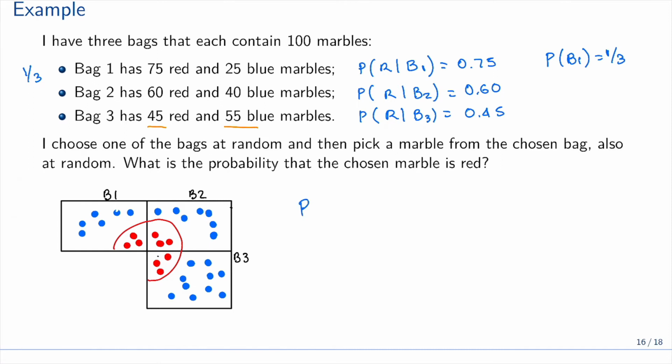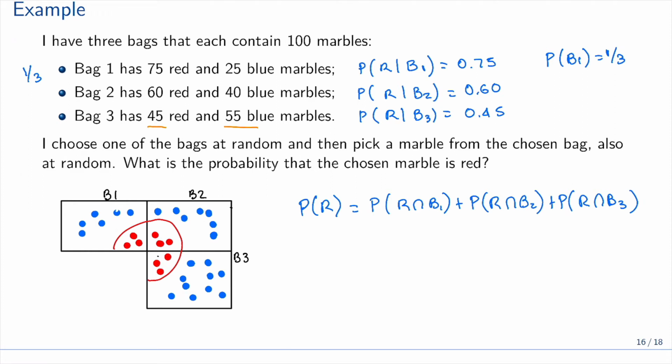So the probability of red, given that the bag 1, bag 2 and bag 3 events are exclusive and exhaustive events, is going to be given by the probability of red intersection B1 plus the probability of red intersection B2 plus the probability of red intersection B3.